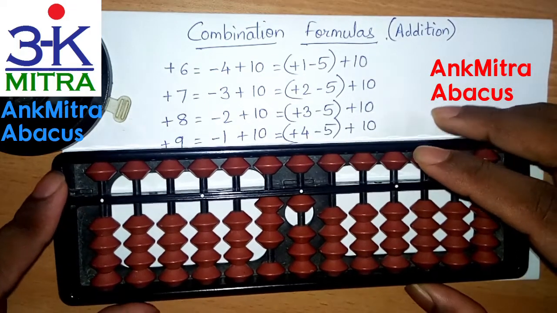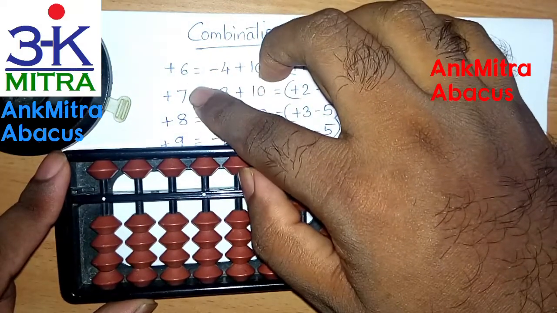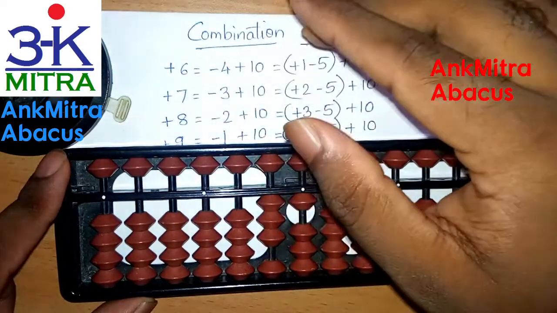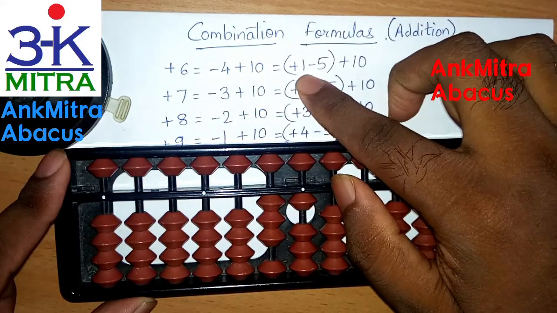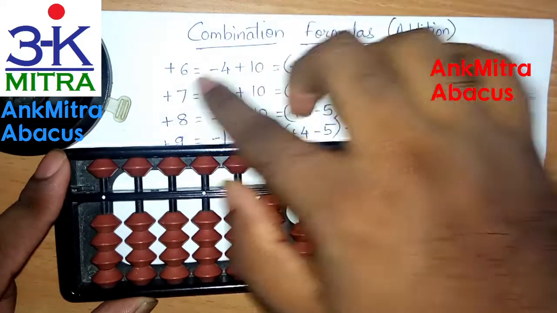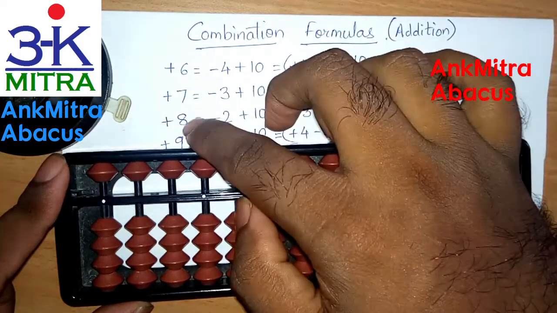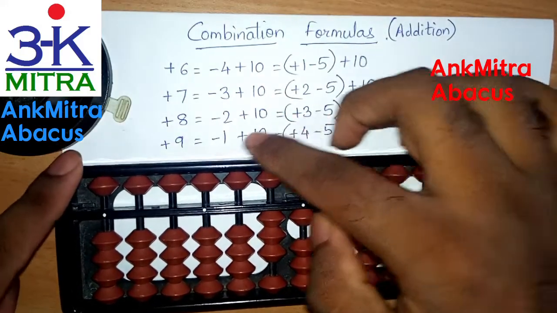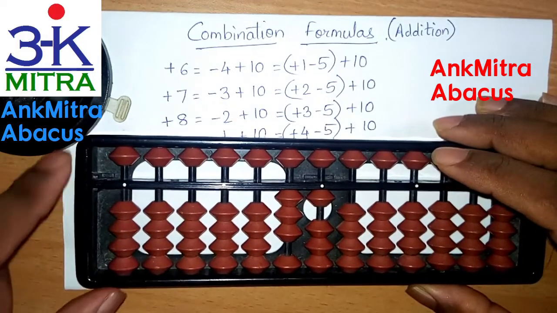This is the easy way I tell them to remember. Just bring to mind how the digit is created on the abacus, and then we can start with the lower bead. In case of 6, we start with plus 1. In case of 7, we start with plus 2. In case of 8, we start with plus 3. And in case of 9, we start with plus 4. Now let's look at individual examples.